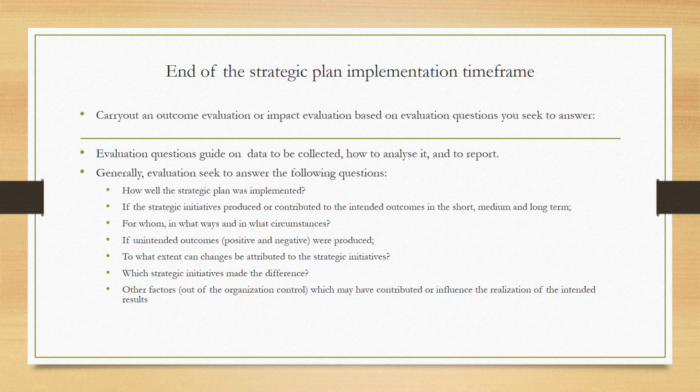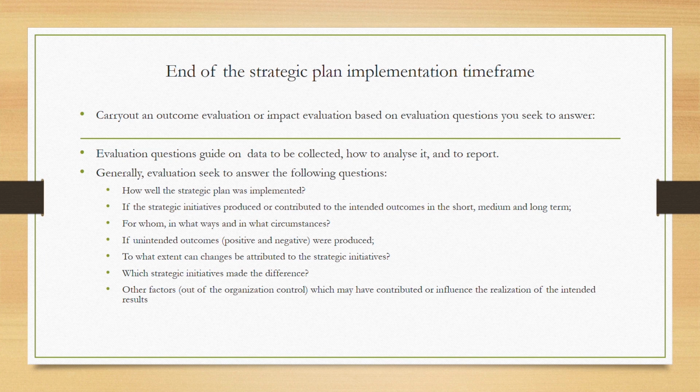But again, at the end of the implementation of the strategic plan, it could be a 3-year plan or 5-year plan, you have to assess, have we achieved the intended results, the outcome, and the impact, short-term, medium-term, and long-term? And what are the specific initiatives that triggered the realization of the results that we're seeing?